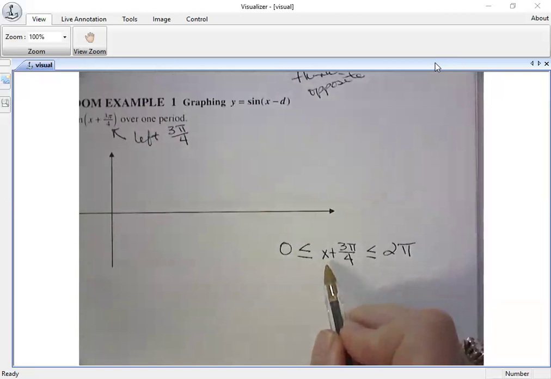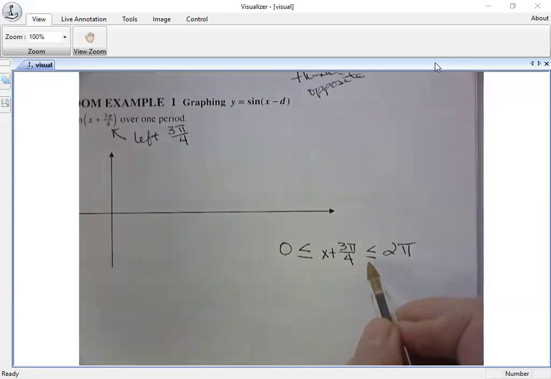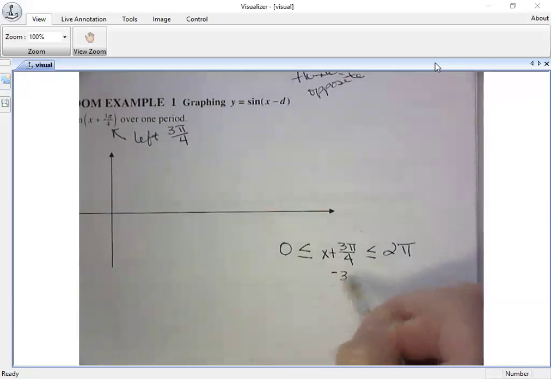All I need to do is get x by itself in the middle. And the problem is right now it's got a 3 pi over 4 being added to it. So how do I get rid of it? I need to subtract it. But if this is a compound inequality, because I have more than one inequality statement here, I don't just subtract 3 pi over 4 from the middle. I also have to do what?